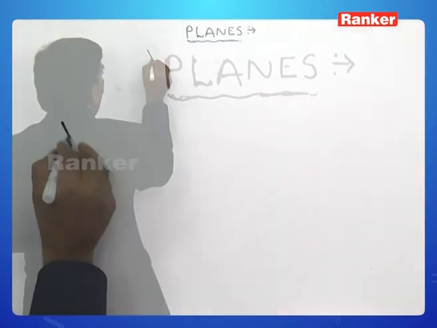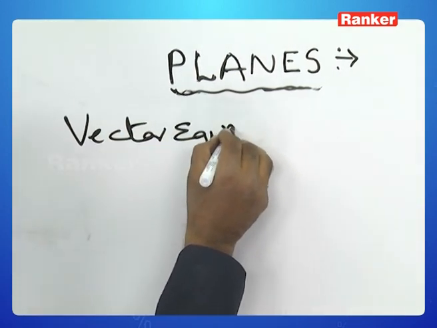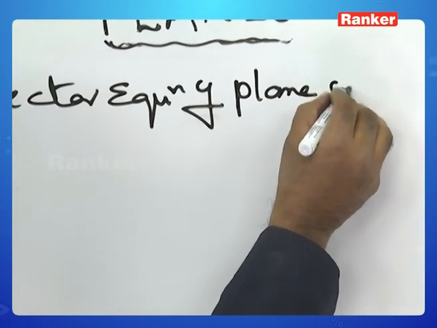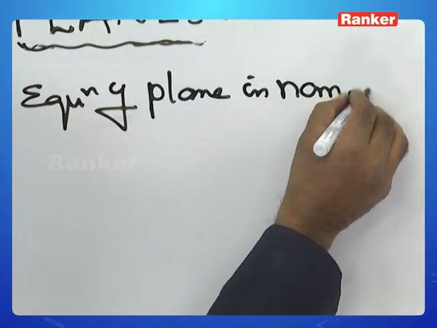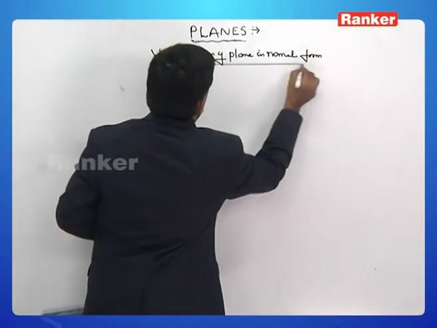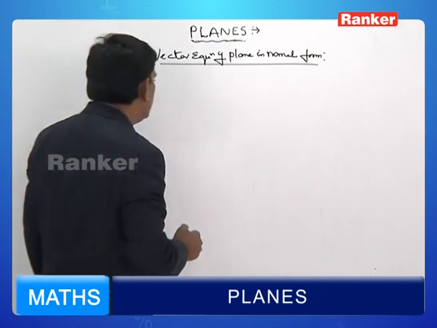Now, vector equation of a plane in normal form. Okay.